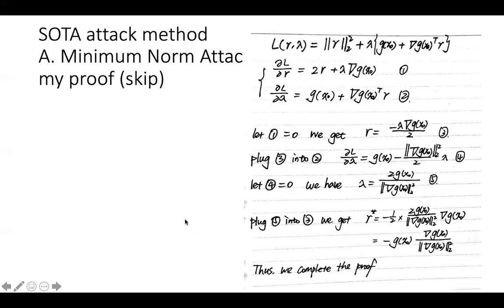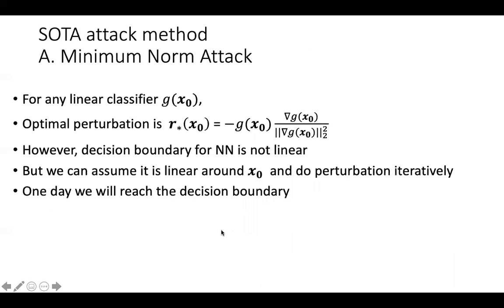Okay, please go on. So for any linear classifier g(x0), the optimal perturbation can be expressed by this equation. However, the decision boundary for a neural network is usually not linear, but we can assume it is linear around x0. And we do this perturbation iteratively, and one day we hope we will reach the decision boundary.